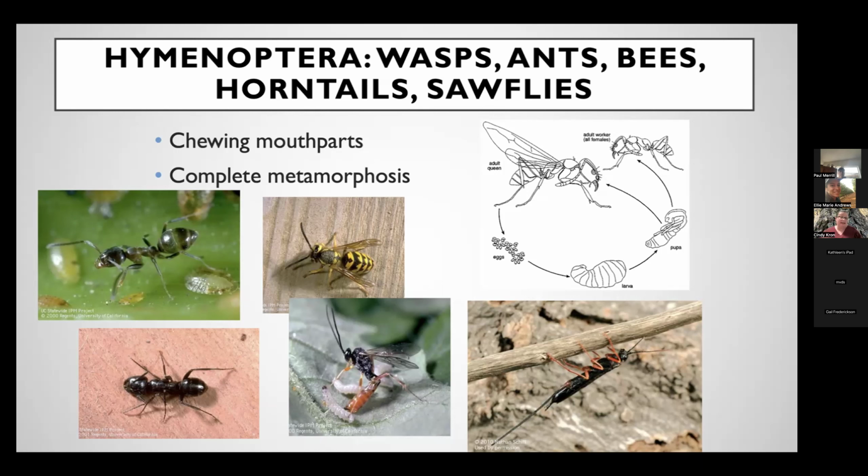One thing that ants can do is, as you can see here in this photo with the scale insects, scales produce honeydew. Ants will go by with their antenna and tap on the scale. The scale would then emit the honeydew, and then the ants feed on that honeydew.